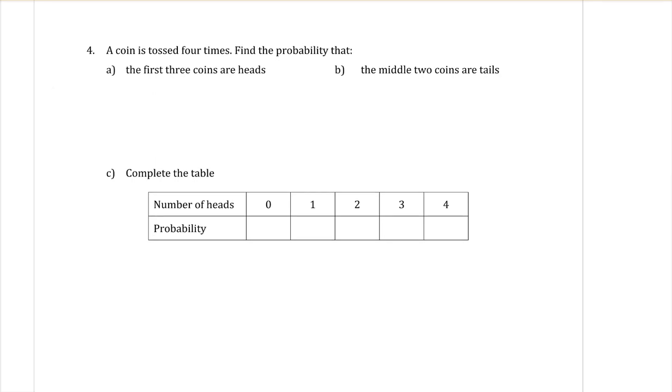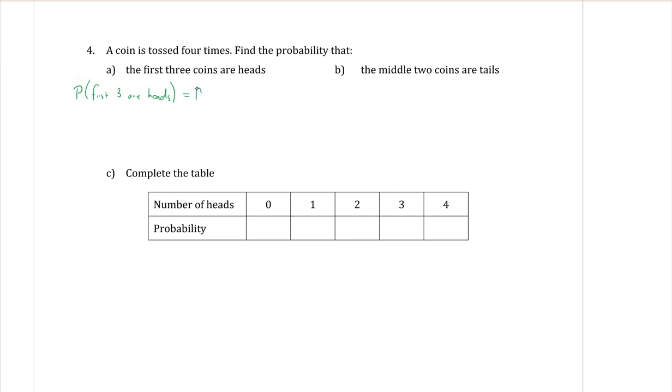A coin is tossed 4 times again. Find the probability that the first 3 coins are heads. Okay, so probability that the first 3 are heads. What are my options? The options are, I don't know what is happening with that 4th coin.